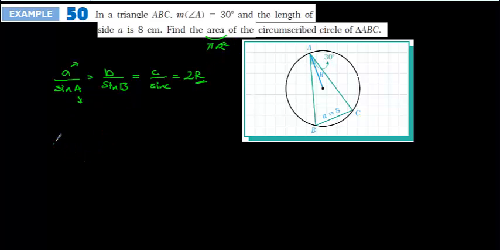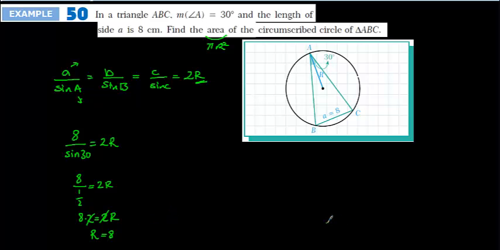Okay, then a is equal to 8 and sine A is sine 30, and a over sine A is equal to 2r. If you remember, sine 30 is equal to 1 over 2. So 8 over 1 over 2 is equal to 2r. This is going to be 8 times 2, because you turn and multiply, so 16 is equal to 2r, and if you simplify, r is equal to 8.